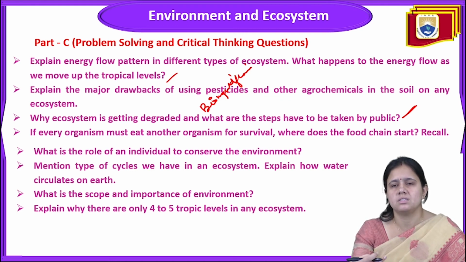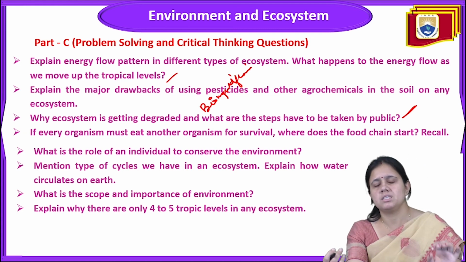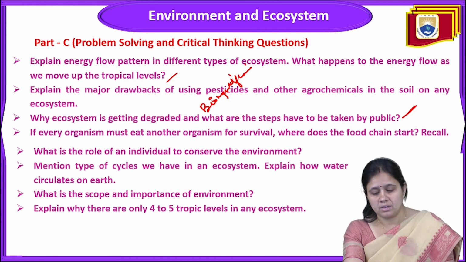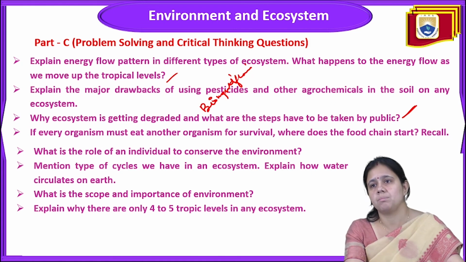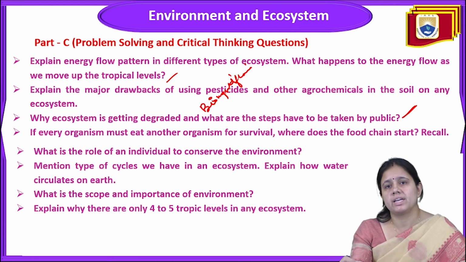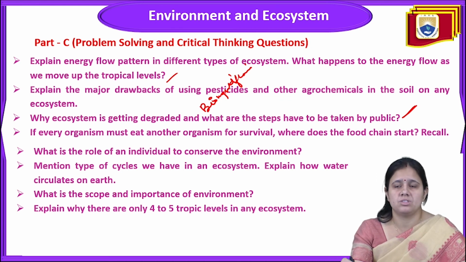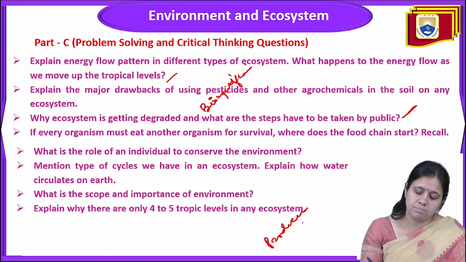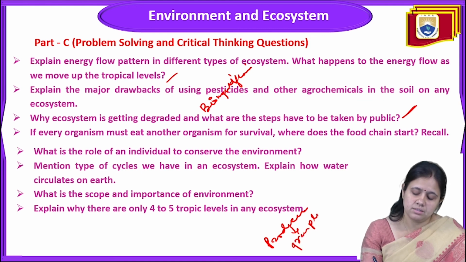these things. And next is: if every organism must eat another organism for survival, where does the food chain start? And then you have to discuss the recall. Every organism must eat another organism for survival, so the food chain starts with the producer, because producers are the green plants.